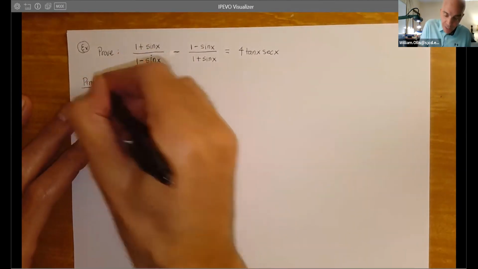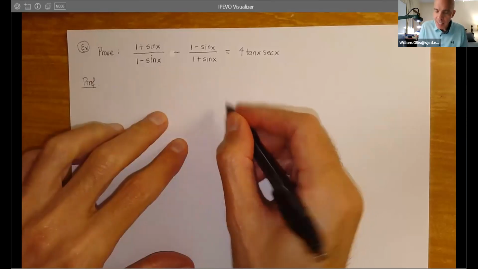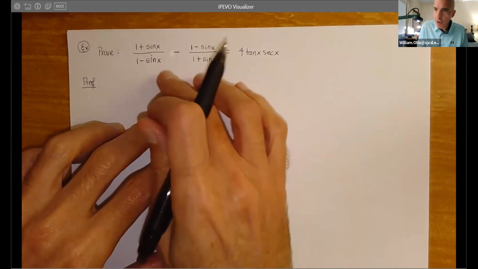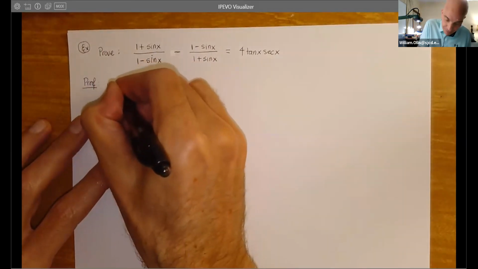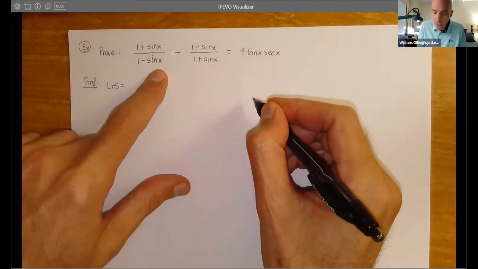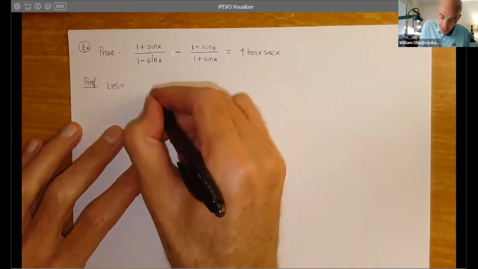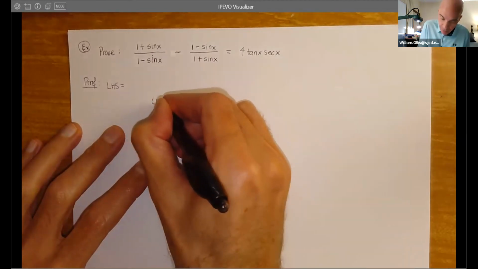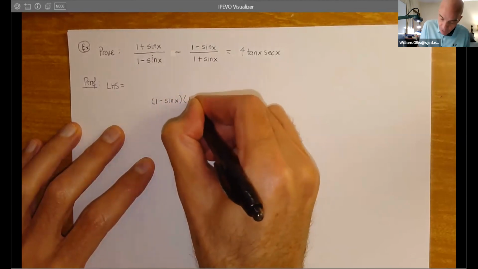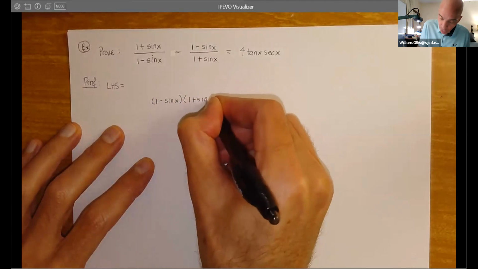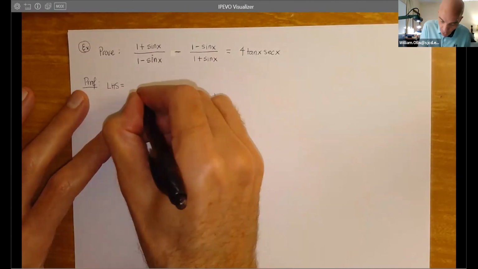So with our proof, let's just go ahead and start with the left-hand side and do some algebra. Since it's a little bit more complicated, I think we can get farther down the road with the left-hand side. The first thing that stands out is getting a common denominator. So the left-hand side will have 1 minus sine x times 1 plus sine x, just a common denominator, like adding or subtracting 3/5 and 2/3.